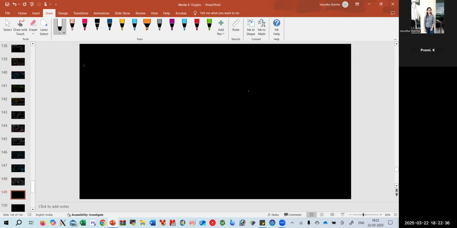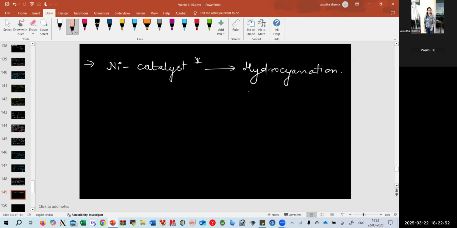So generally, in this particular reaction, we use a nickel catalyst. It is being used for hydrocyanation reaction. So we can see one such example. If I'm taking the 1,3-butadiene, which is a trans position we are taking, there are two ways of making this one.